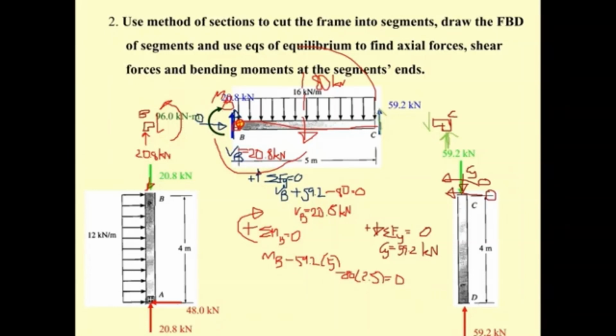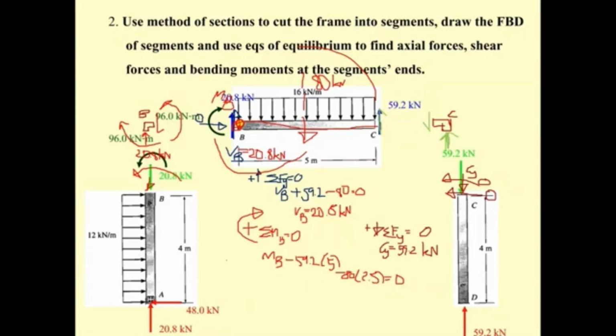The clockwise moment becomes counterclockwise, and for equilibrium there is a moment here, which is going to be the moment at this location. If you do the summation of the forces in the vertical direction, it is equal to 0.